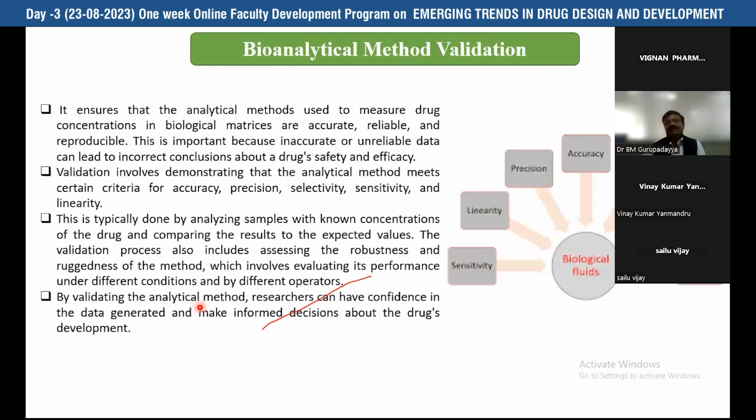Then bioanalytical method validation. This is another important regulatory aspect. Bioanalytical method validations are important once the drug is available in the biological origin, and identification of that is important.